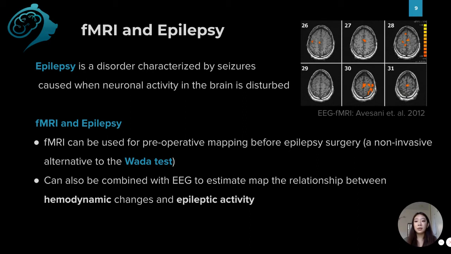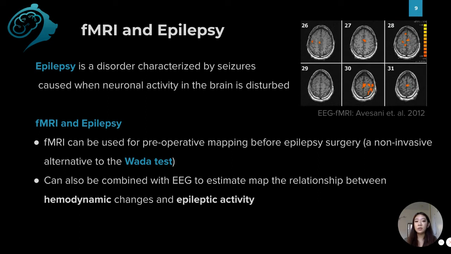So fMRI can be used for preoperative mapping before epilepsy surgery, because there are epileptogenic lesions that can be removed. This is a non-invasive alternative to the WADA test. The WADA test is an invasive procedure that identifies the side of the brain that controls language, and it shows areas of stronger memory function in the brain.